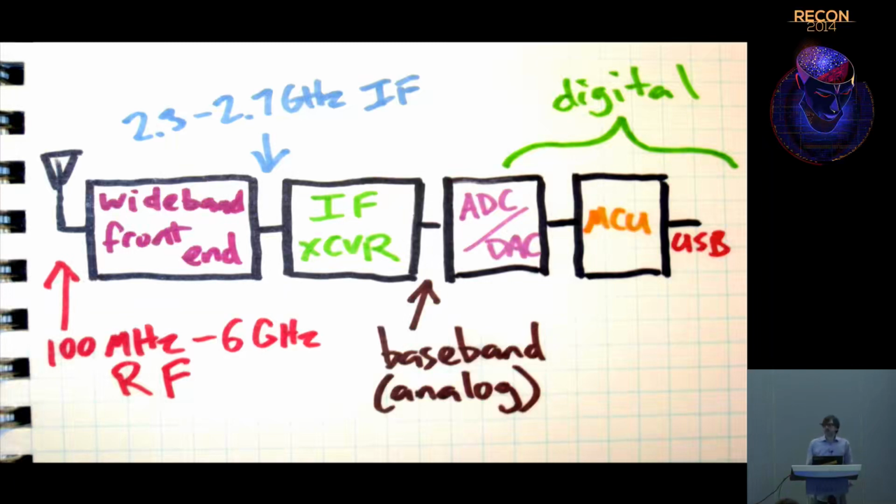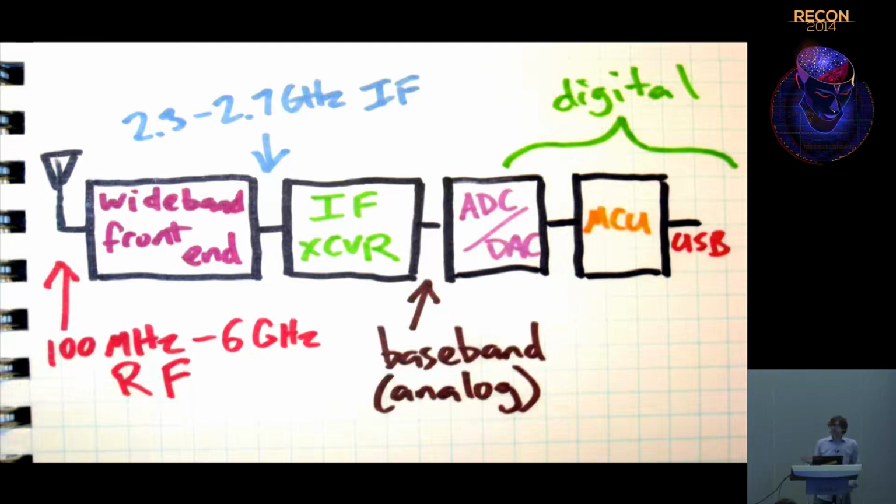Then there's a section I call the wideband front end. There's a mixer there that shifts the RF frequency to an intermediate frequency, the IF, which is typically in the range 2.3 to 2.7 gigahertz.